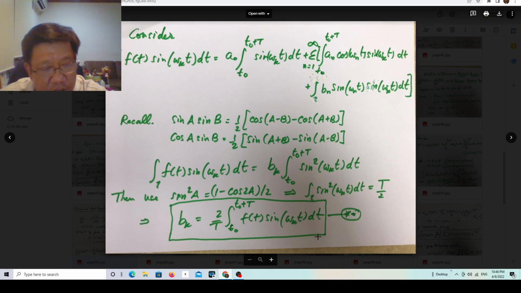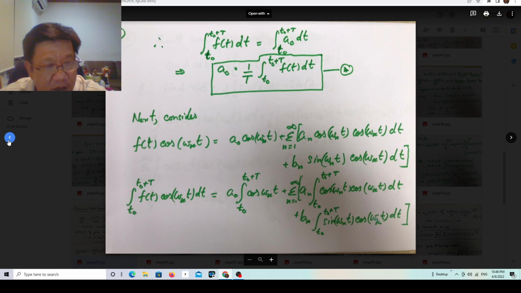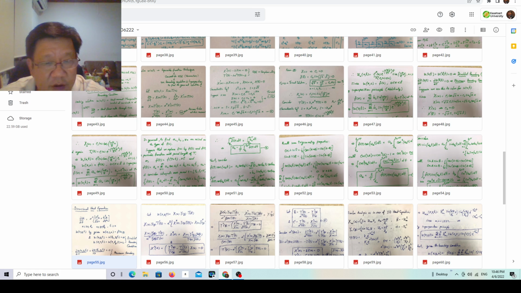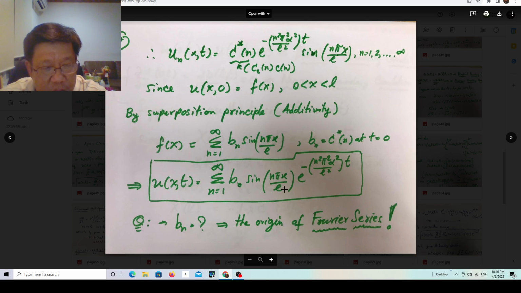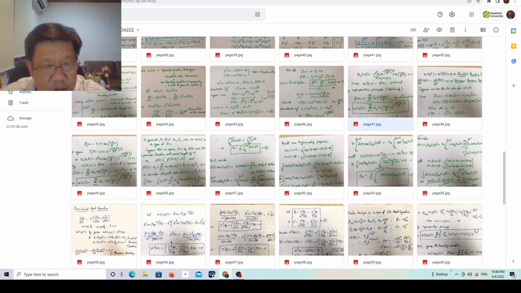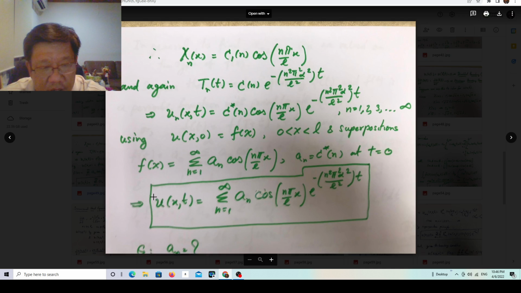I think it's reversed. For the Dirichlet condition, you need to find a sub k, right? Oh man, we have to go back and look at it. This is for the Dirichlet condition, here, in the b sine. And when the Neumann condition was used, the solution is in the a sine.